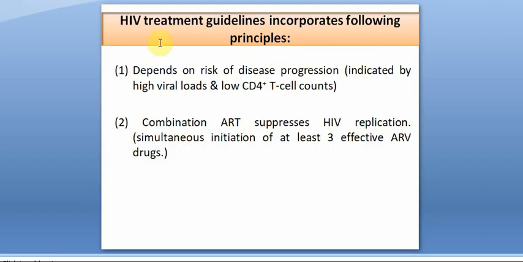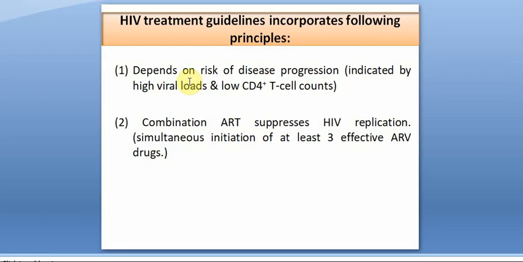Now there are some guidelines for the HIV treatment. These are the particular principles of HIV treatment. First and foremost, it depends on the risk of disease progression. The HIV treatment that is given, that is the tablets, depends on the risk of the disease progression. How will you know about the progression of HIV/AIDS?